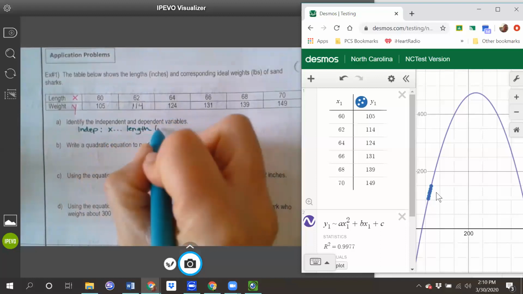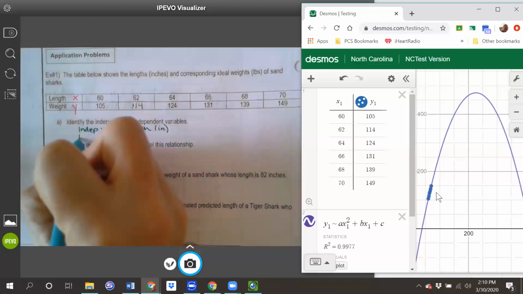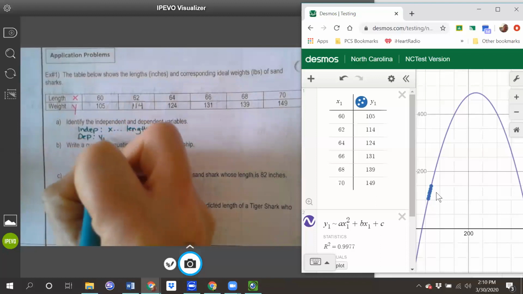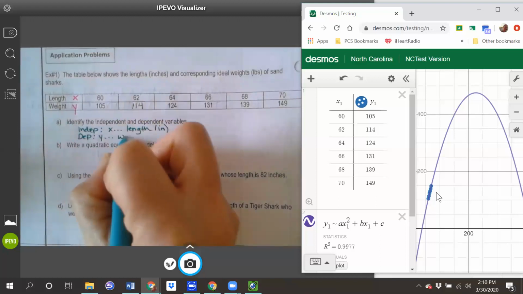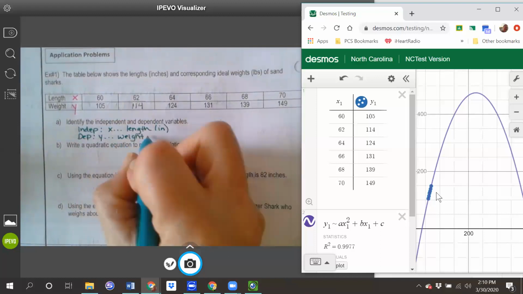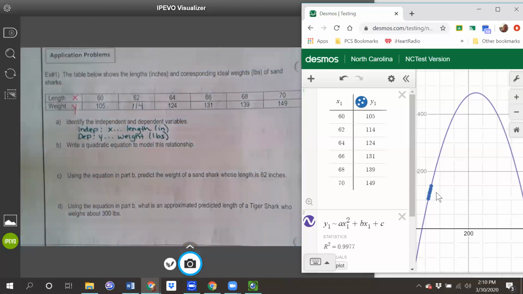And we know that the length is going to be in inches. The dependent variable is always y. In this case, that represents the weight of the sand shark, and the units are pounds. So inches and pounds. It says write a quadratic equation to model this relationship.